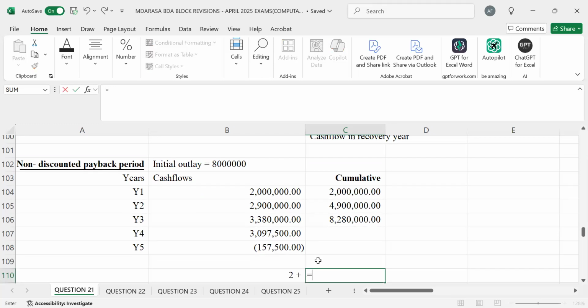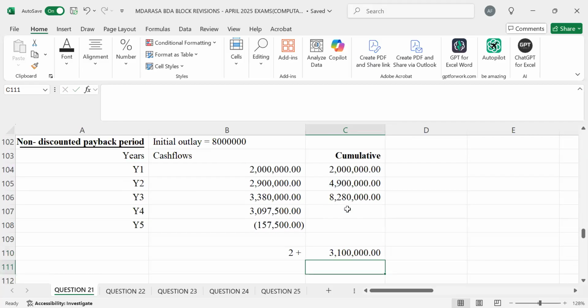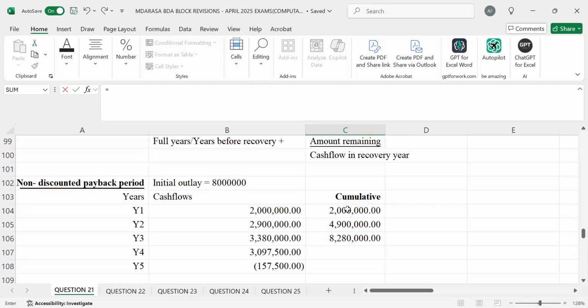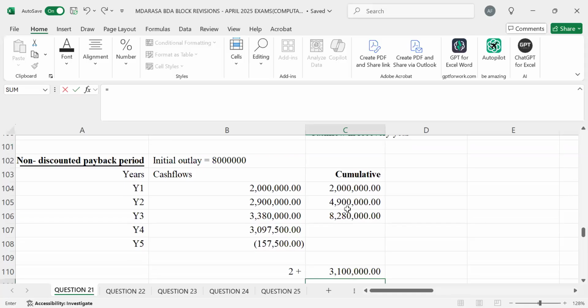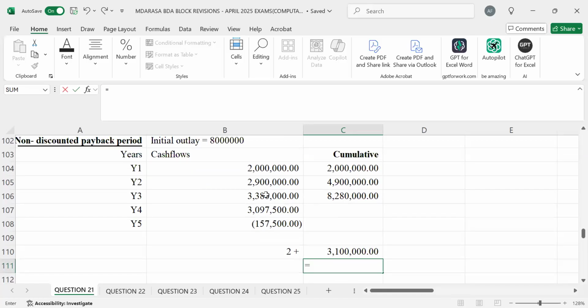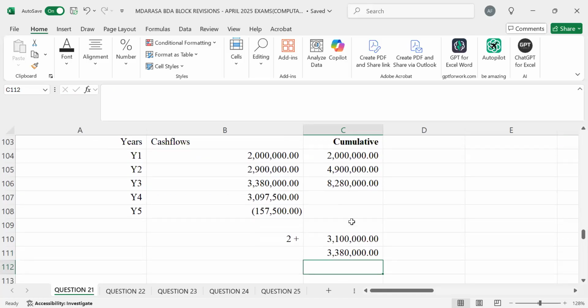We are remaining with the value of 8 million minus the cumulative just before the year of recovery, which is 4.9. That is 3.1. We divide by our cash flow in recovery year, which is 33.80.